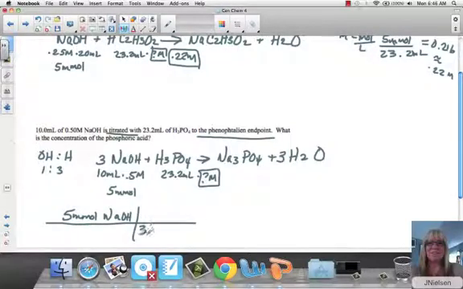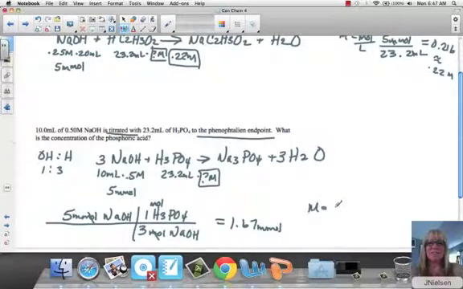I have 3 moles in my equation going to 1 H3PO4. So my moles are going to cancel, and I'm going to be left with 5 times 1 divided by 3, 1.67 millimoles.